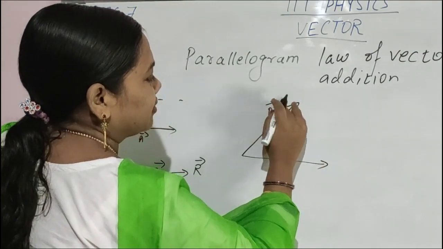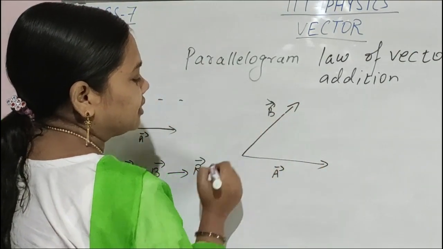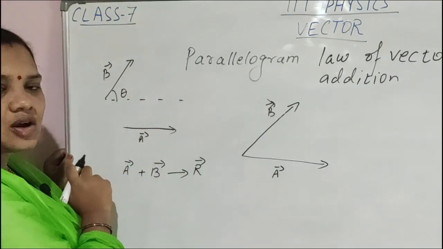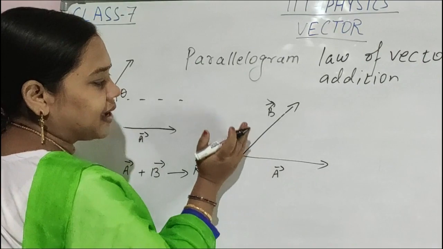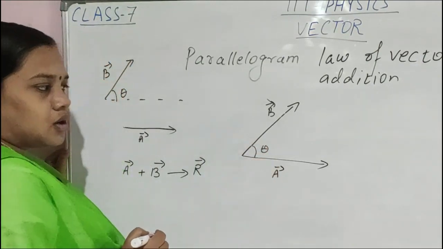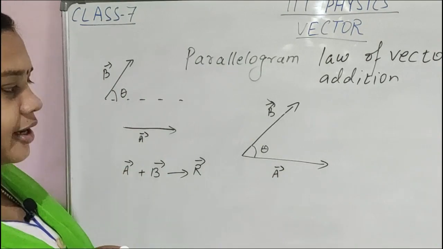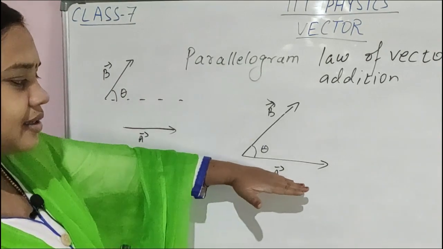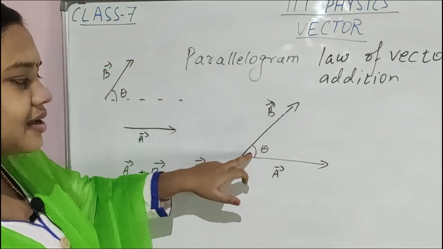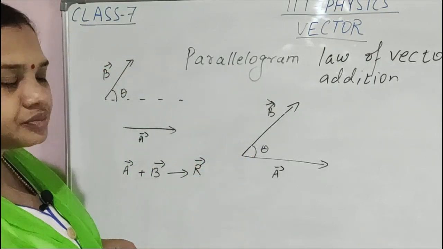This is vector B, shifted parallel. Vector B makes angle theta with the horizontal, which means the angle between A and B is theta. Now you see we joined both the vectors, and the angle between them is theta.